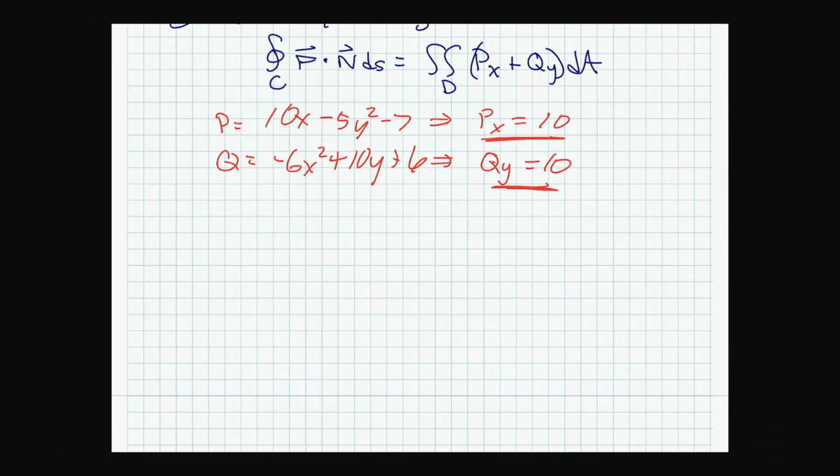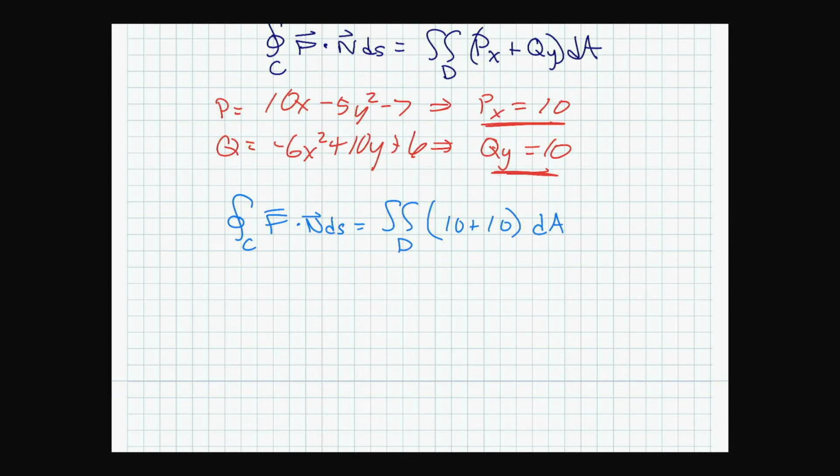So now we have the integral over C of F dot n ds is the double integral over D. The Px is 10, the Qy is 10, the dA is just dA.